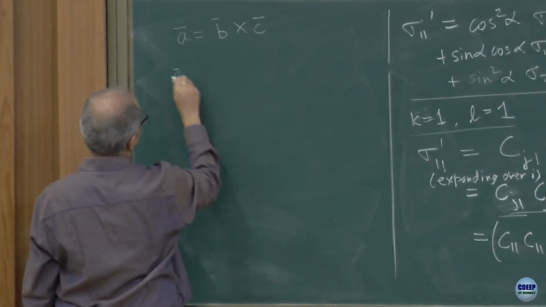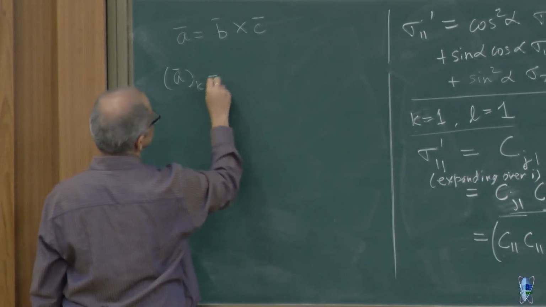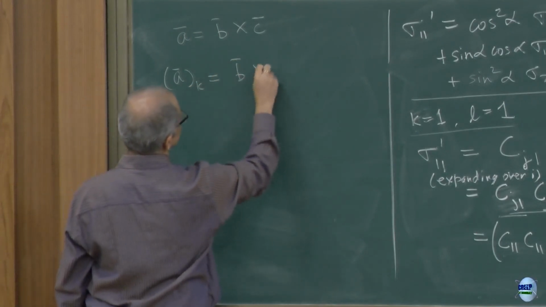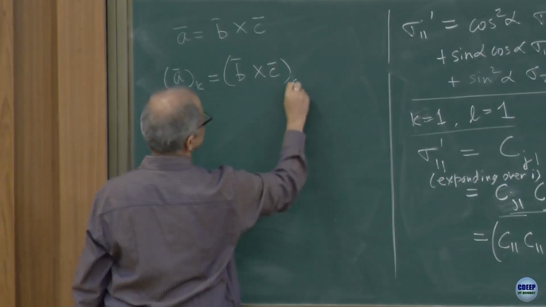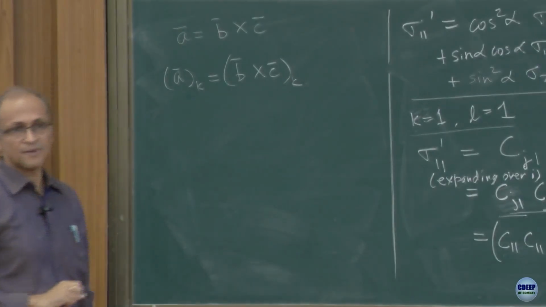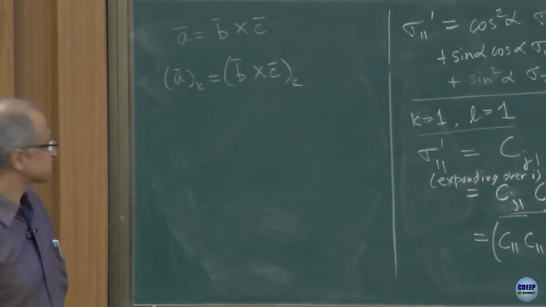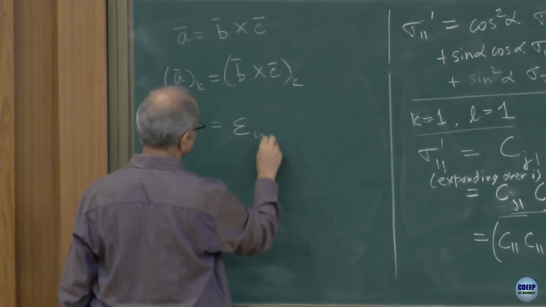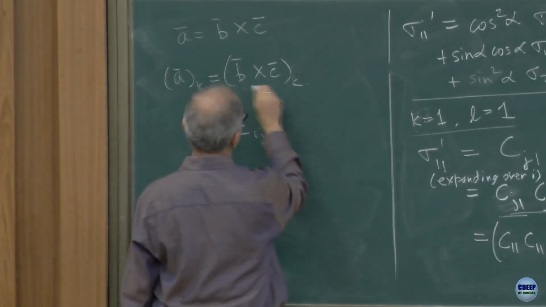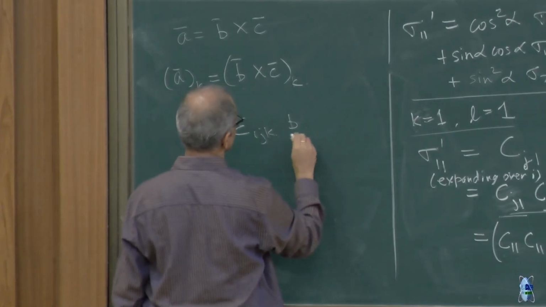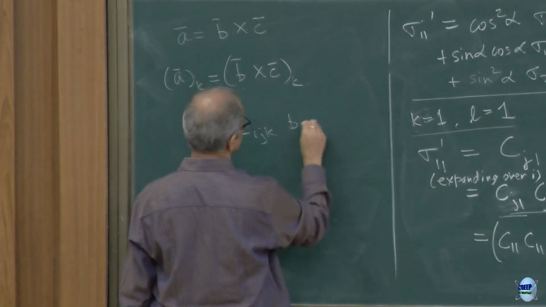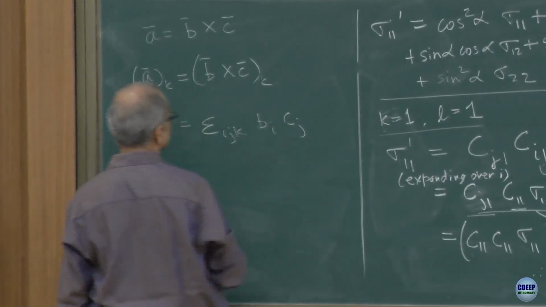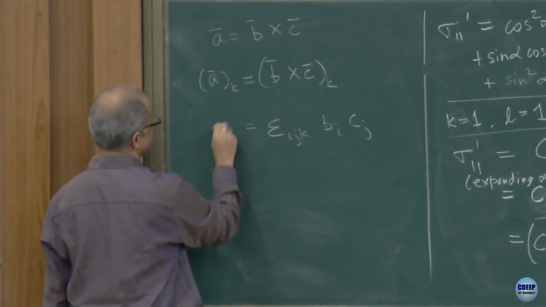Let us say I want to write out the kth component of this. So I'm taking the kth component, and I'm going to write it with an epsilon ijk, and this is going to be my Ak.